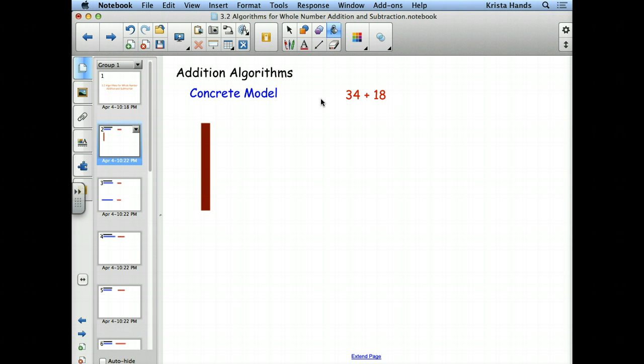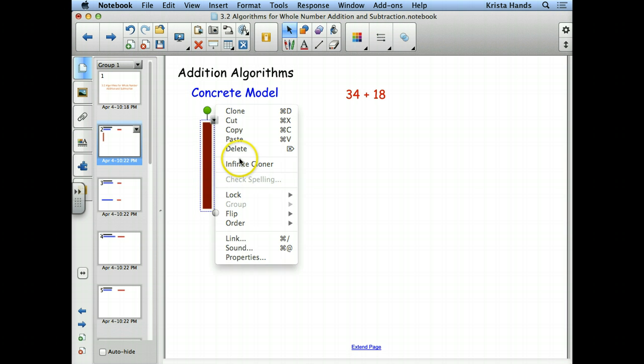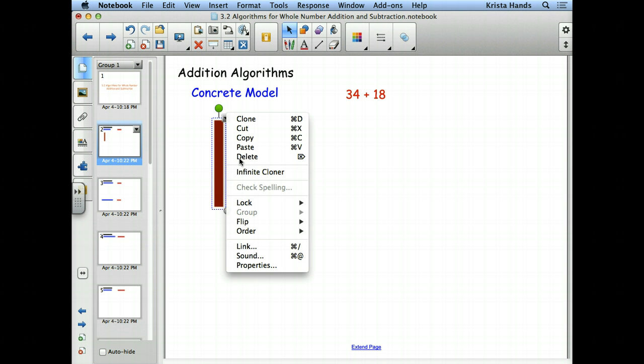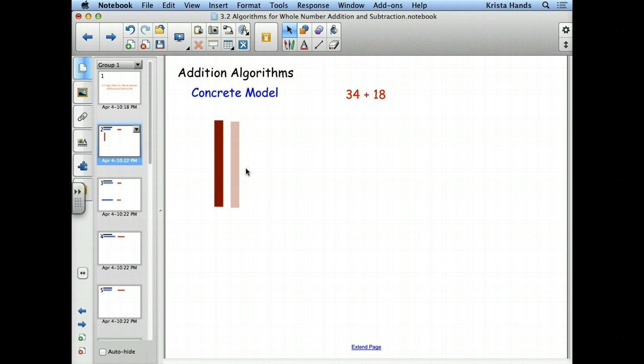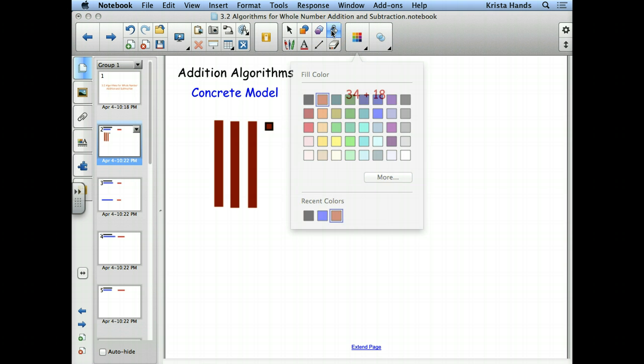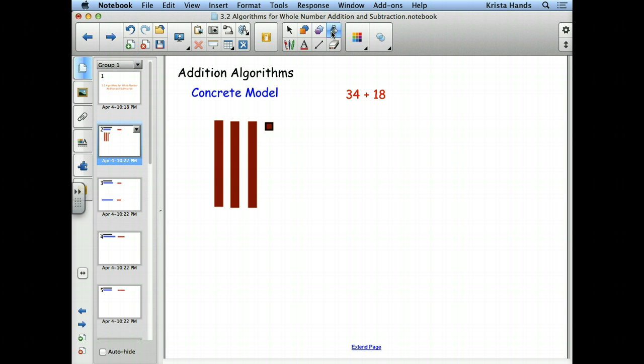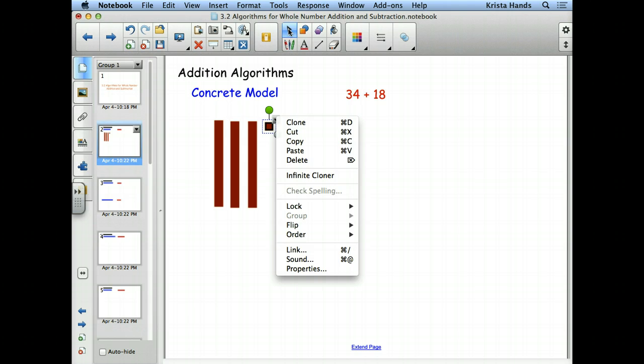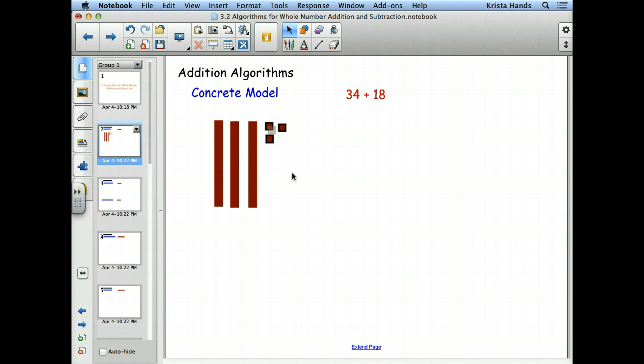I'm supposed to have 3 longs, and 4 units. So this is 34.